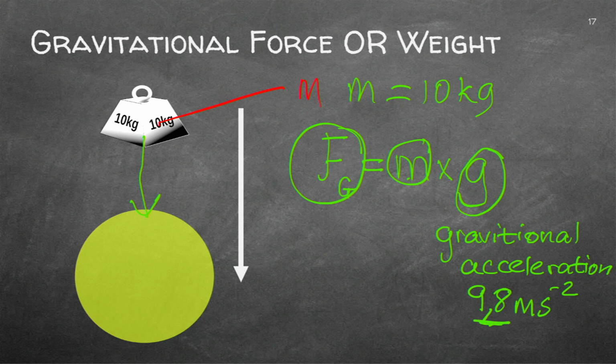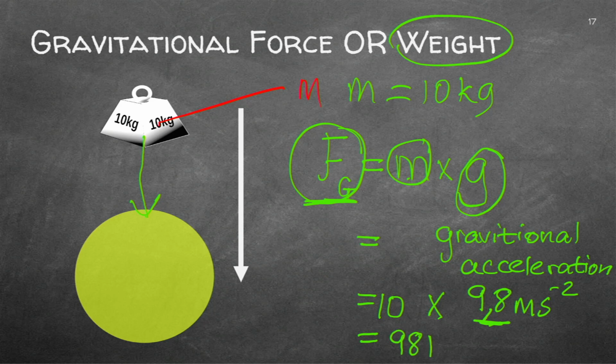So in this case, I've got 10 kilograms multiplied by 9.8, which will give me a gravitational force or weight, measured in newtons, of 98 N. And remember, we're working with vectors. It will always be downward. Make sure that you always have the right direction.